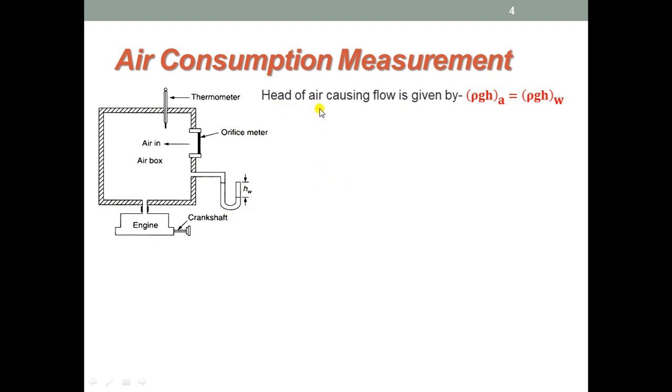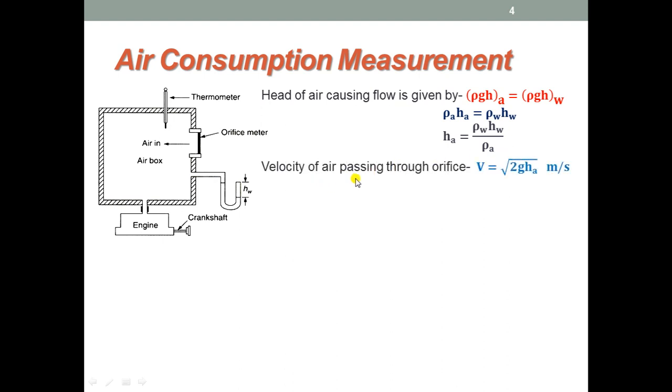Based on that we have written this expression. Further, we can write this as rho_a h_a equals rho_w h_w, and g remains the same and gets cancelled, so we can write h_a, that is head of air, equal to rho of water times head of water over rho of air. Here rho represents density and h represents head, a represents air and w represents water.